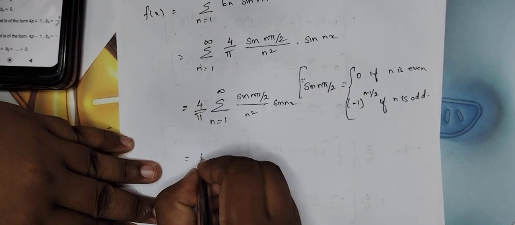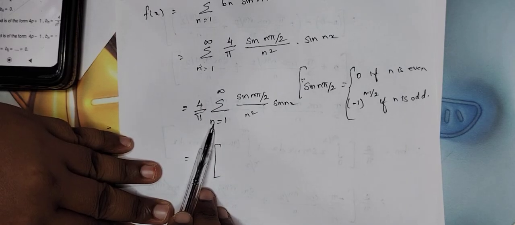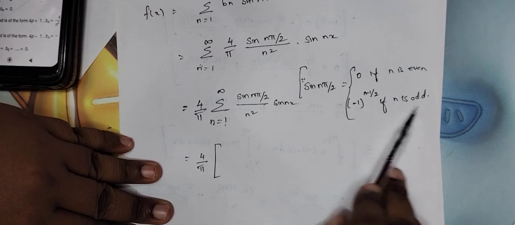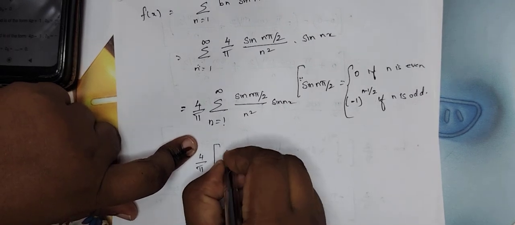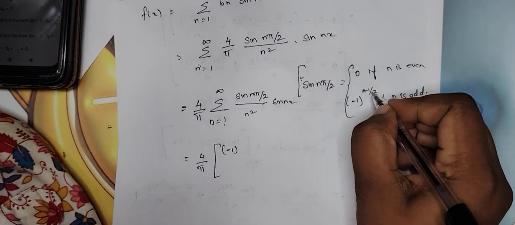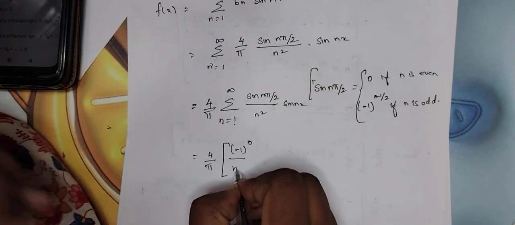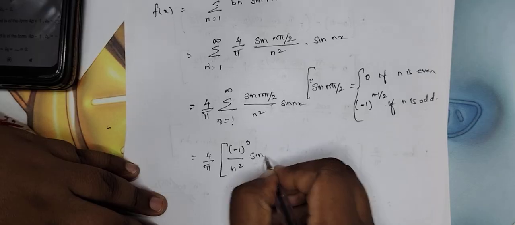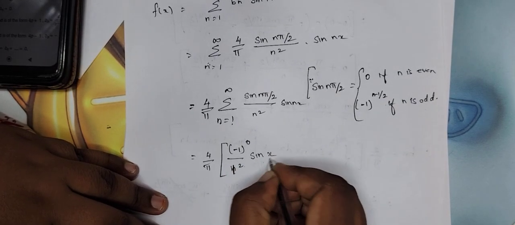So this is equal to 4/π. Now I'm going to substitute. If I take n = 1, and 1 is an odd number, this will be (-1)^(1-1). 1 minus 1 is 0, so this is (-1)^0 divided by 1² sin x.